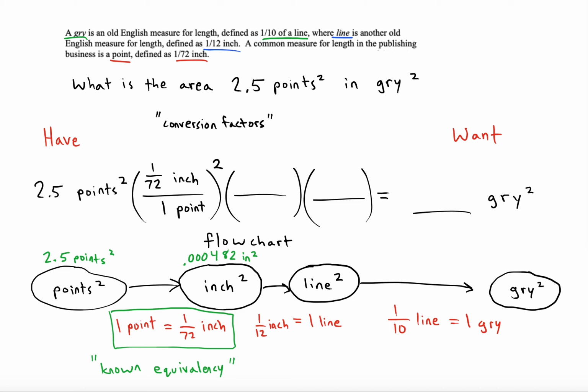But I'm not done, right? We got to keep going. Now we got to change it to lines squared. So I want the inches on bottom now, because even though I canceled the points, now I have inches squared and I need to cancel those. You got to put the number that's associated with inches with that unit, and I'd put the line above.